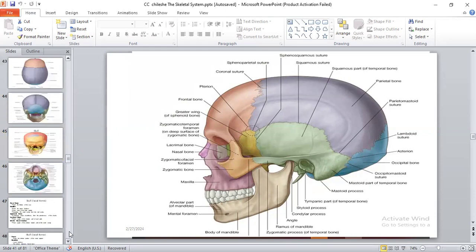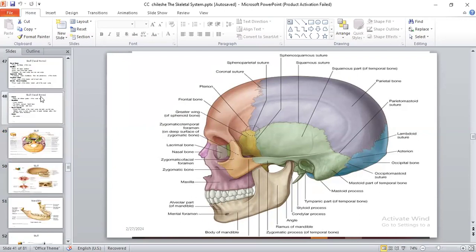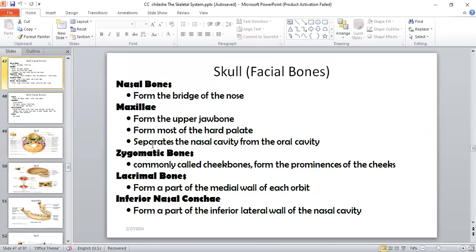It is the one that helps to form the upper jaw. That is where the teeth of the upper jaw insert.